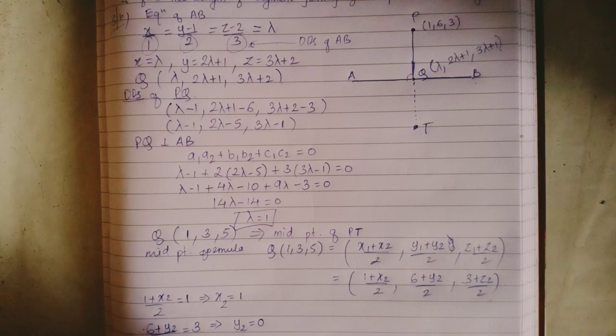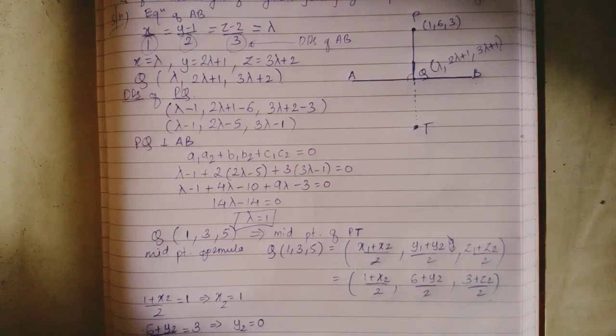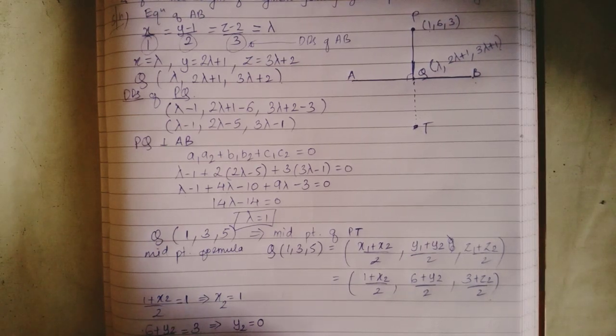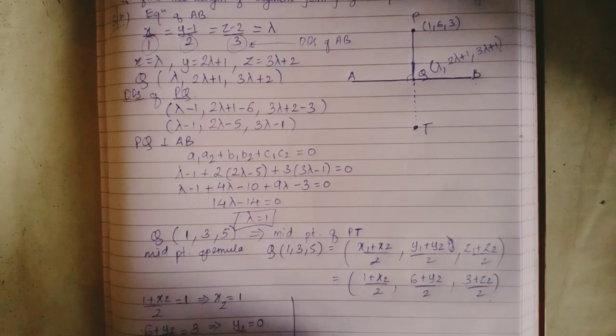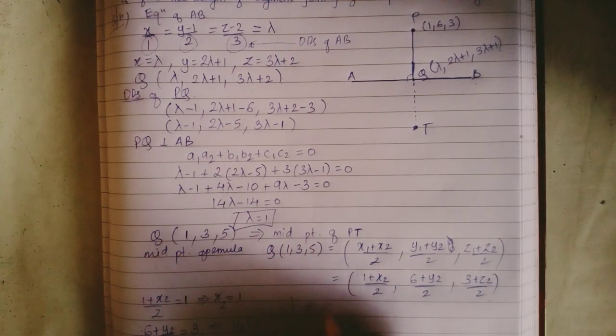And (3 plus z2) upon 2 equal to 5, so we'll get z2 equal to 10 minus 3, which is 7. So our point T is (1, 0, 7).